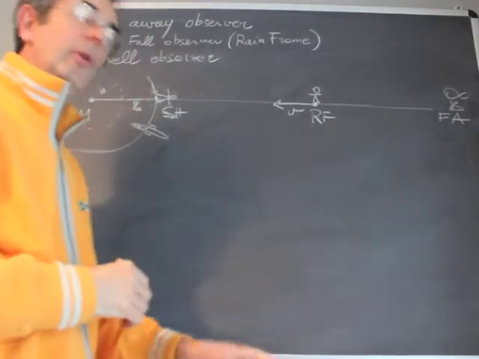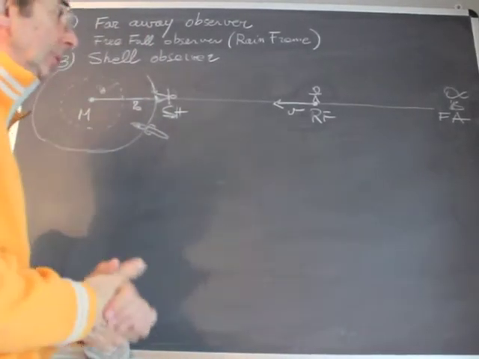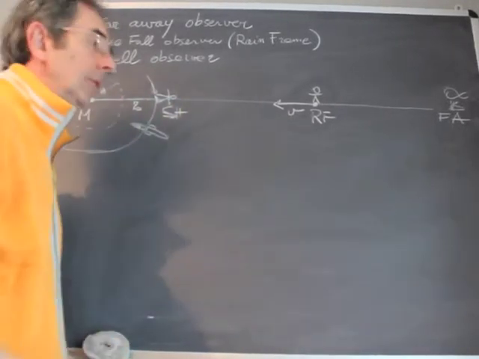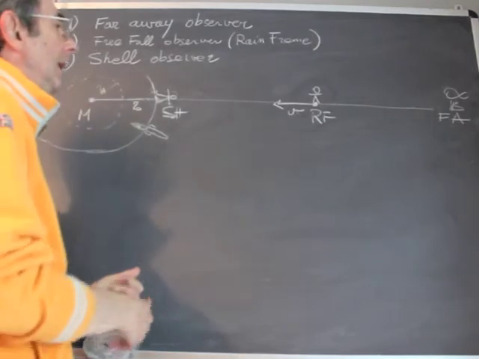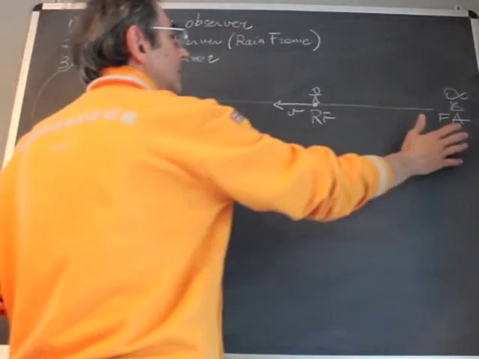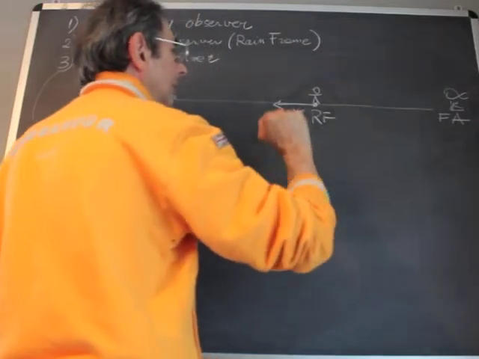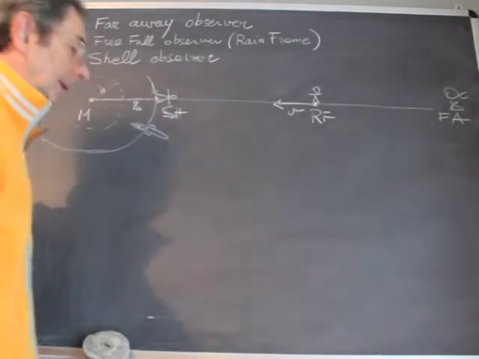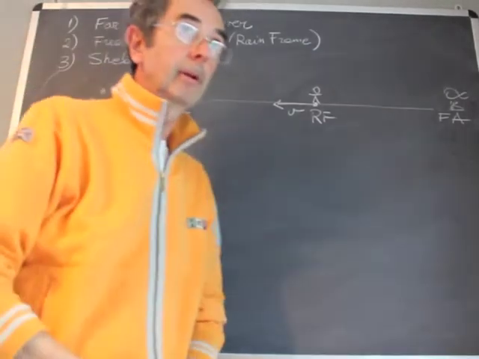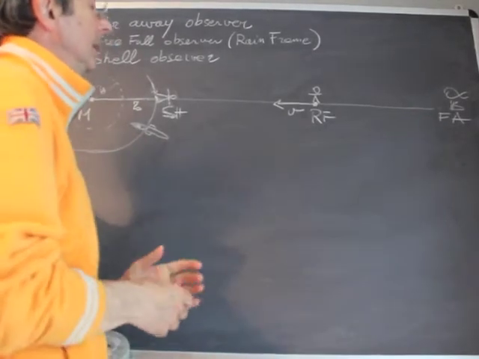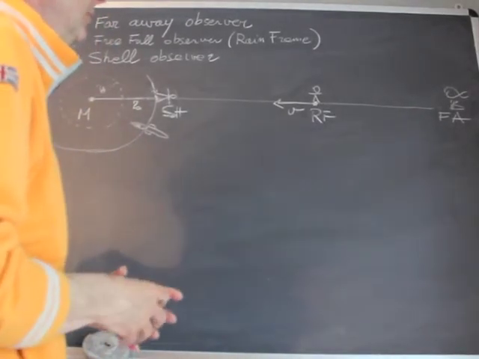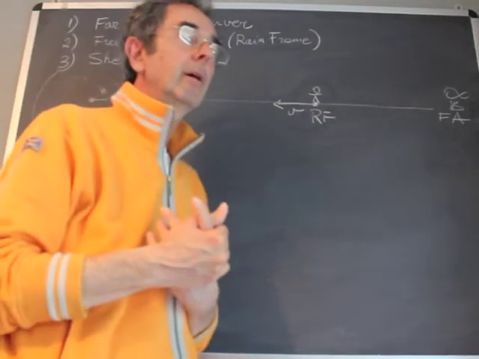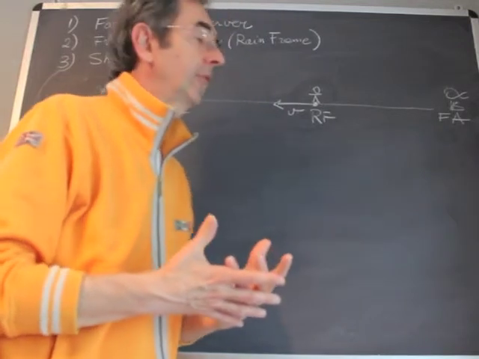Okay, before going on with the calculation, we have to do some considerations. First of all, let's look at these two frames, the faraway observer and the rain frame observer. What do they have in common? You can see easily that from a physical point of view, they both are inertial frames.